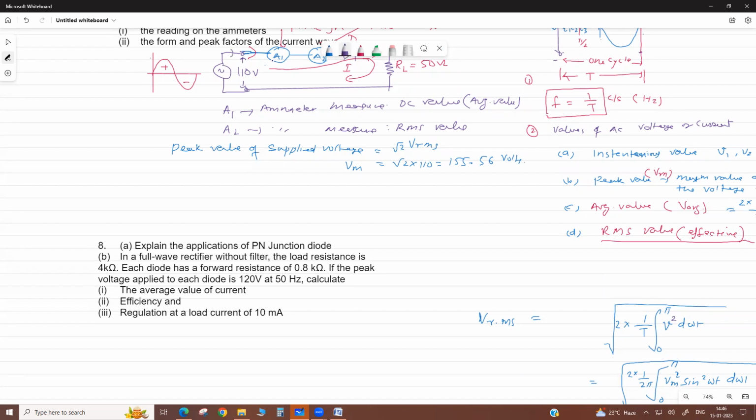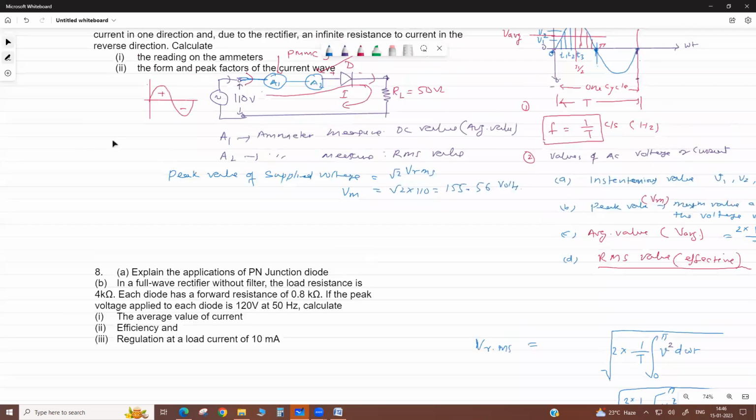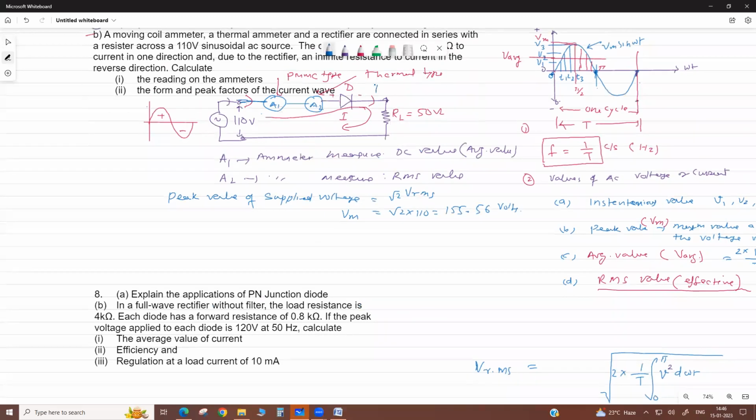Here the supply current equals the load current in the circuit. The peak value of supply current is the peak value of voltage divided by the total circuit resistance.